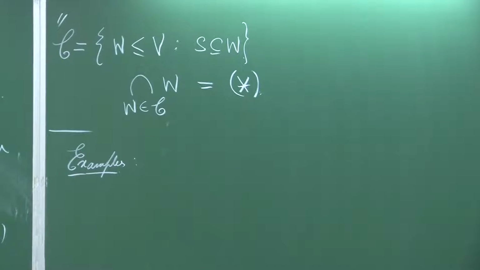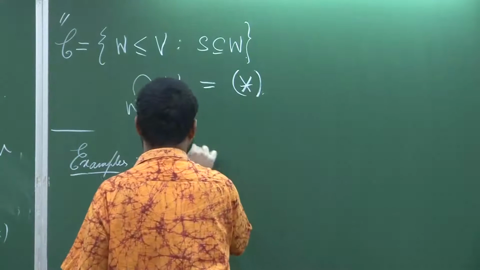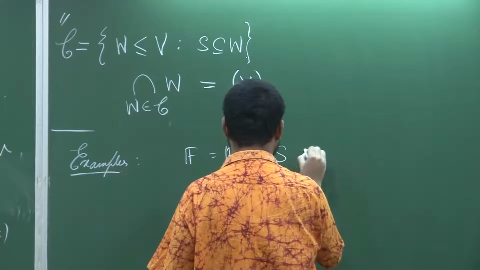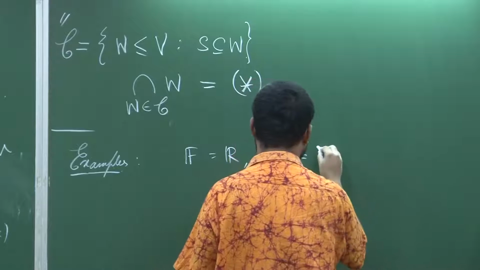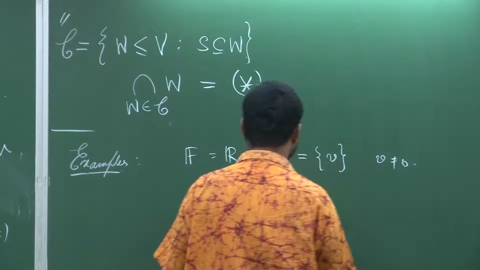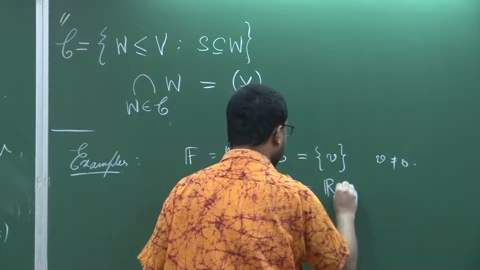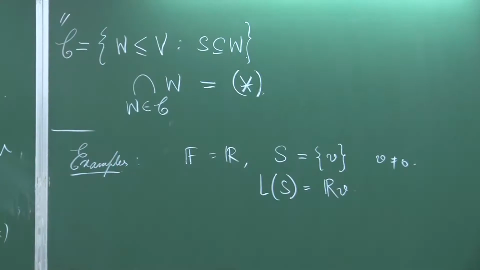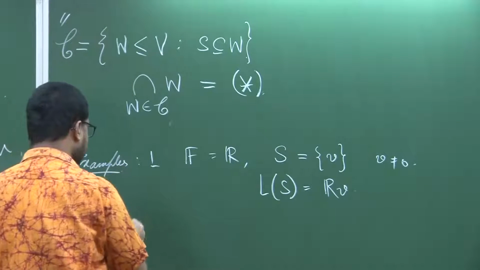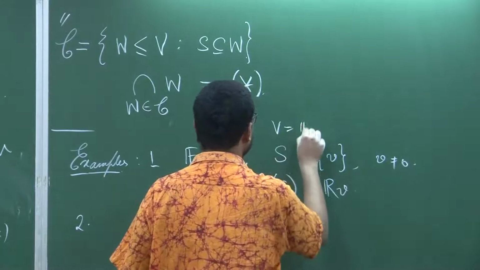For simplicity let us take F to be R and S to be, let us start with a singleton. The linear span is what we have defined, Rv, which is geometrically a line. So, here V is R2.